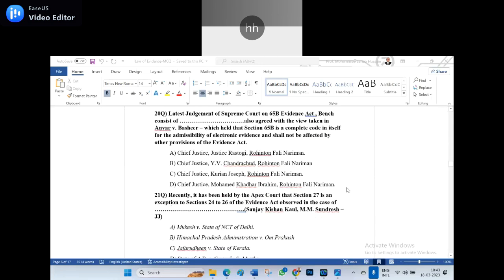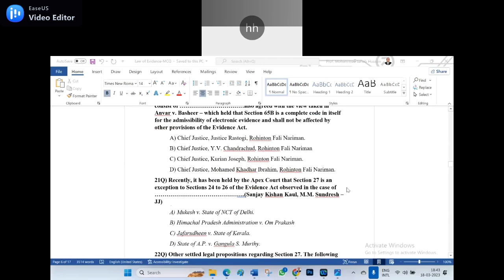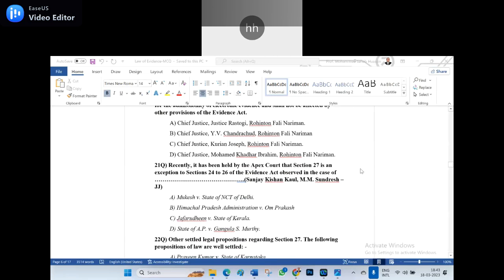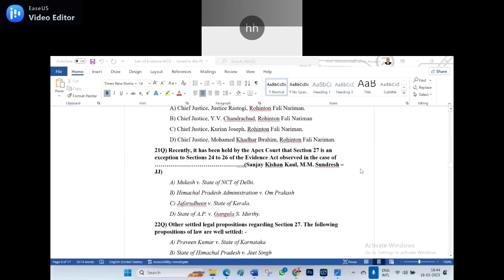Now let us go to the 21st question. Recently, it has been held by the Apex Court that Section 27 is an exception to Sections 24 to 26 of the Evidence Act, observed in the case of dash. And here, Sanjay Kishan Kaul and M.M. Sundresh, JJ., is the bench. Now, which is the case law?